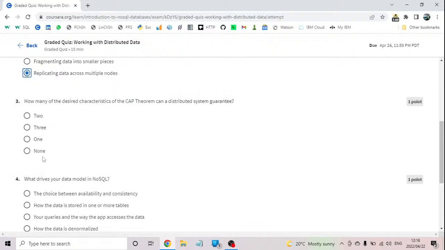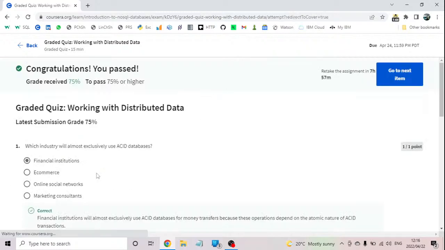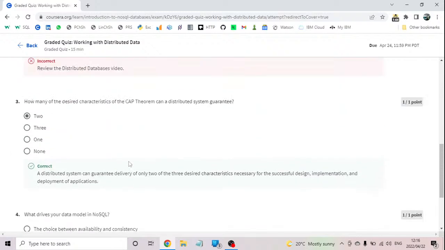Replicating data across all nodes to this could be. Wait, but it can't be. Yeah, it can't be. So let's see. Can't be, right? Oh my word, it is. Crazy. Oh wait, it is right.